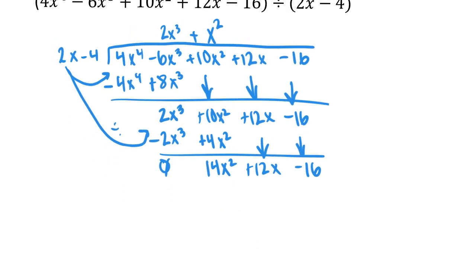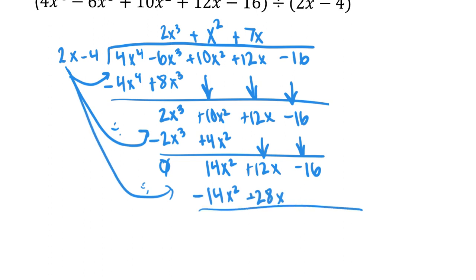We will divide the 2x into the 14. That gives us plus 7x. So that's 14x squared minus 28x. We will change each thing's sign.